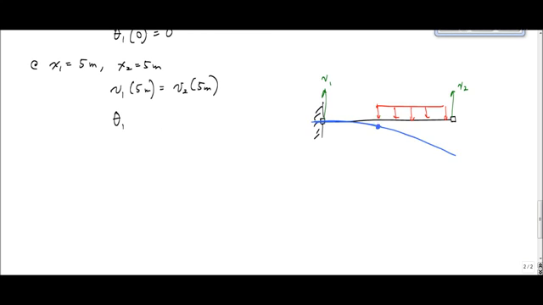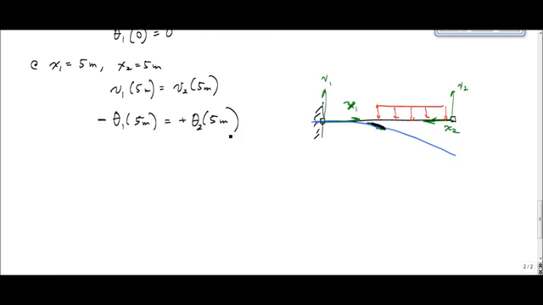But in terms of slope, we had x1 going like this right here and x2 going like this right here. The slope in the x1 coordinate system is a negative slope. So this is negative theta 1 at 5 meters is equal to, but for x2, in the x2 direction, this is a positive slope. This is plus theta 2 at 5 meters.